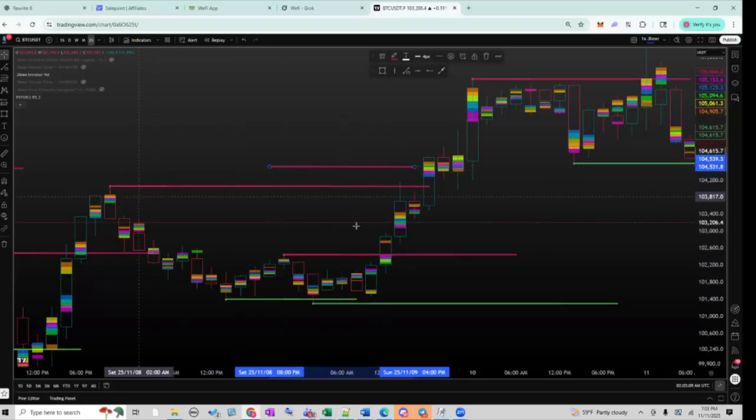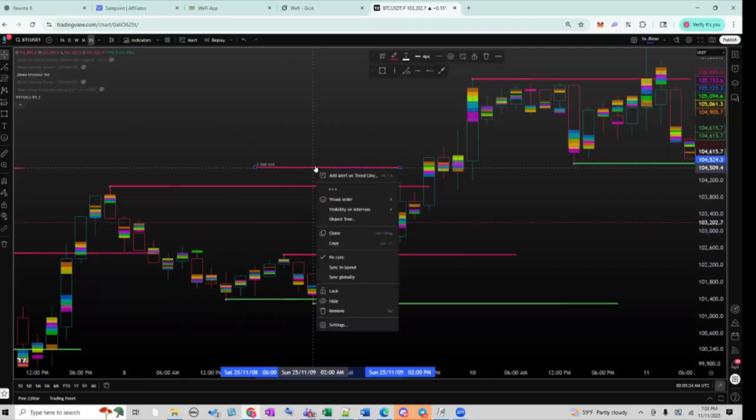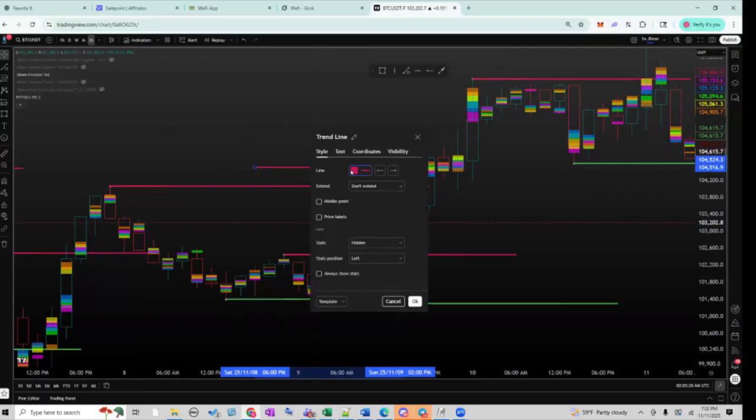That's resistance. If you're sitting in a chair and you stand up, your floor is below you, that's support, okay? So when does resistance become support? Okay, well, when the line gets broken, okay? So now this line right here got broken, and guess what? It became support. Look at what happened. I'm now above the market.